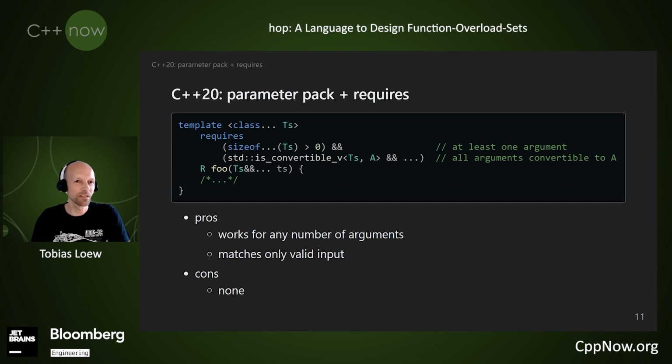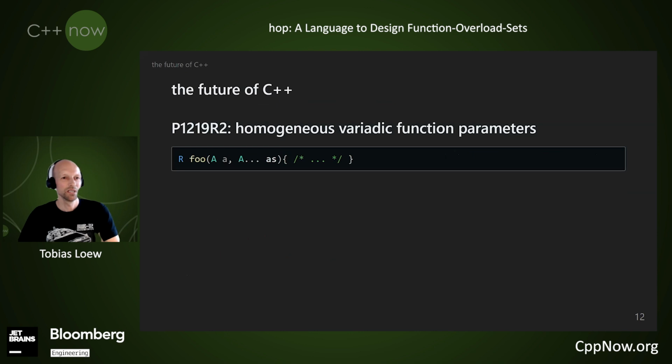Okay, let's look into the future a bit. There was a proposal, P1219, it got 2 revisions, on homogeneous variadic function parameters. And the syntax was, okay, we simply specify some type A, and then we specify the type A with 3 dots, the same as we would do in the template header when we do a non-type template parameter.